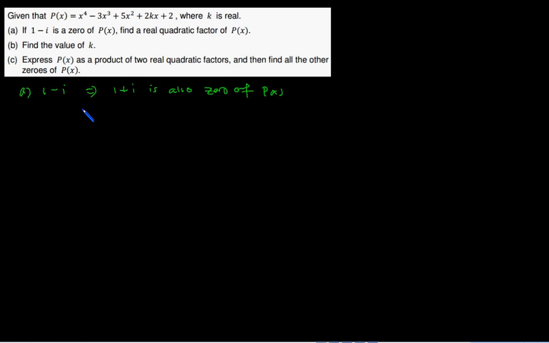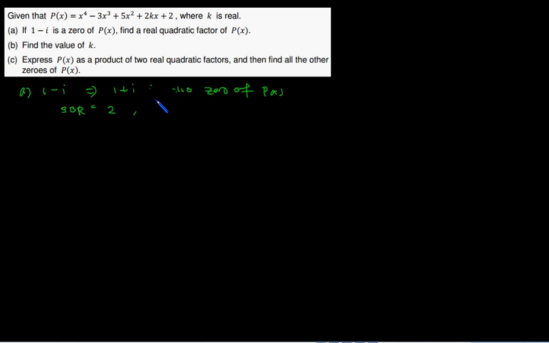Then the real quadratic factor that we need to form is pretty simple, because all we need to do is find the sum of roots, which is the sum of these two zeros, and that will be 2.